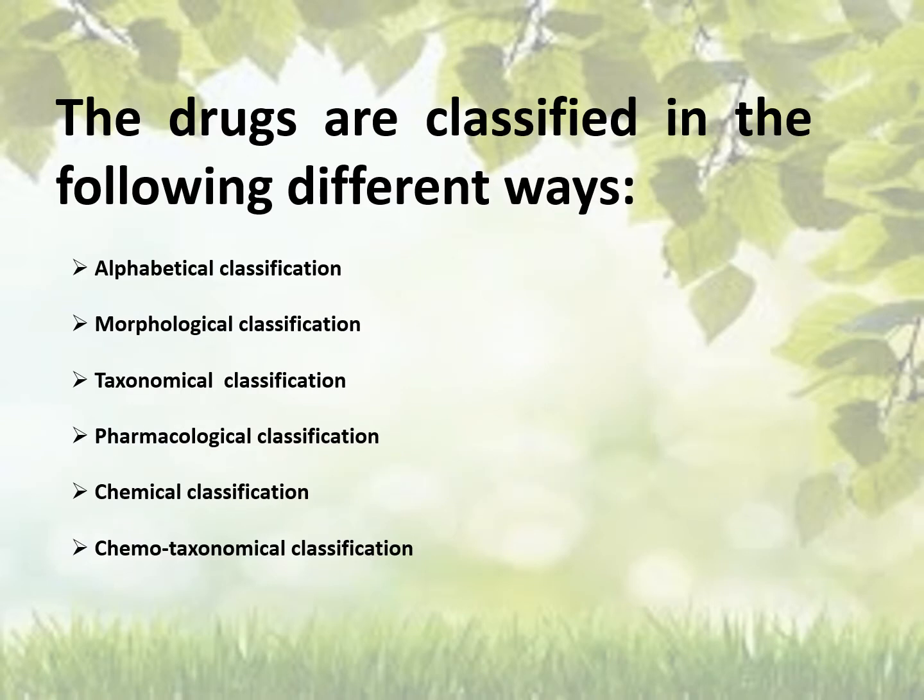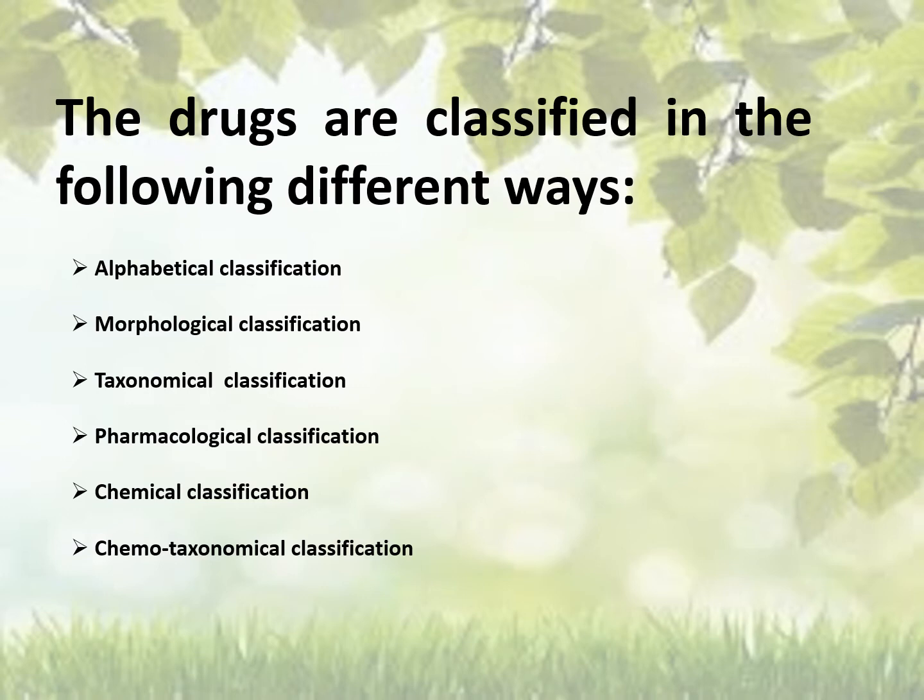Now coming to our main topic: how can crude drugs be classified, or what are the different methods of classification of crude drugs? Because of their wide distribution, the arrangement of classification in a definite sequence is necessary to understand easily.